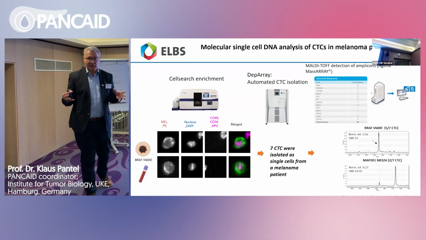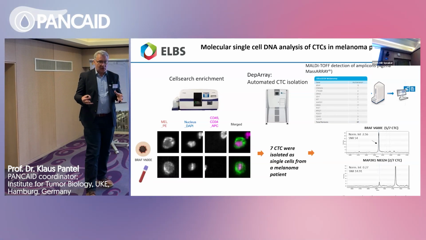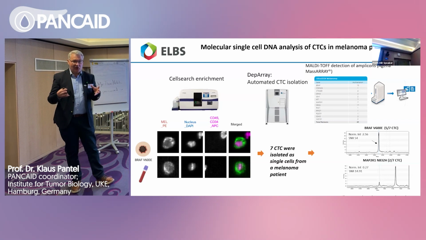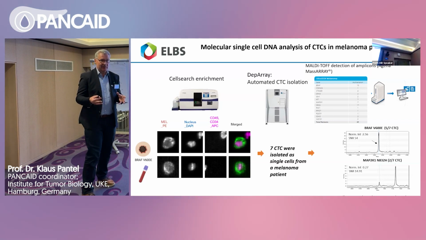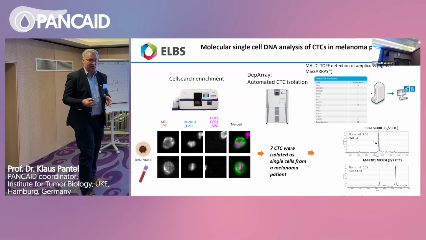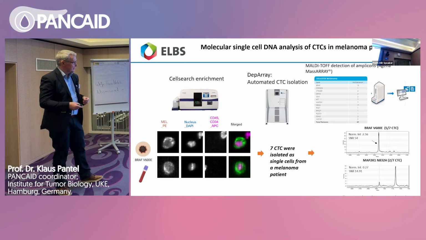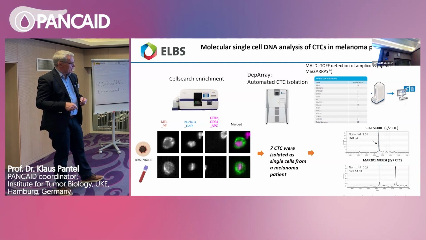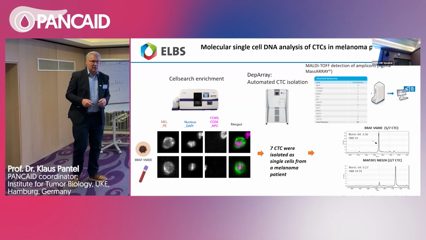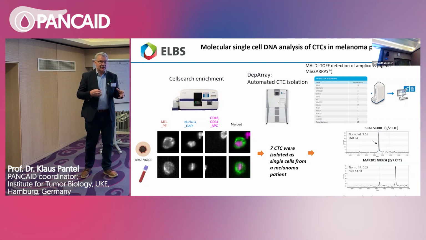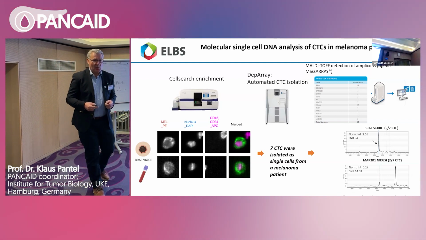There can be tumor heterogeneity. And for all the solid tumors, heterogeneity is the hallmark, unfortunately, because that may also explain why we cannot cure these tumors so effectively. And that's shown here really. We analyzed 7 circulating tumor cells from these melanoma patients, and we could find BRAF mutations in 5 out of 7 cells. The other ones were wild type. So you had actually a chimera in a certain way.